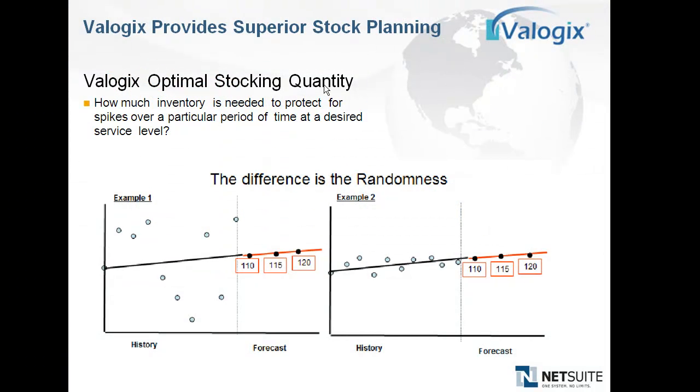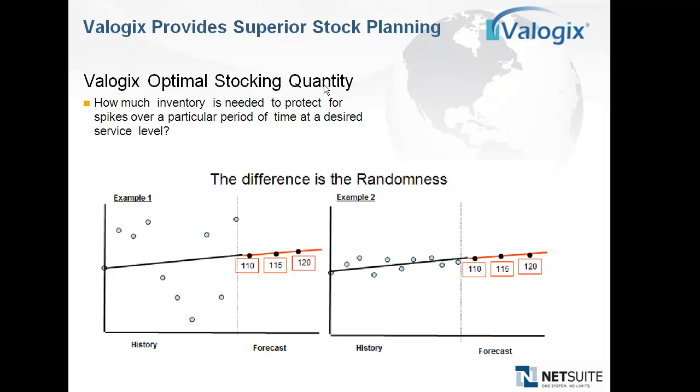So what does make Valogix so easy to use, yet so effective for so many companies? That's our ability to help you set your optimal stock and quantity. Essentially, figuring out how much inventory you need to carry to help you meet your upcoming demand within your time frame. Let's create a plan for two items.